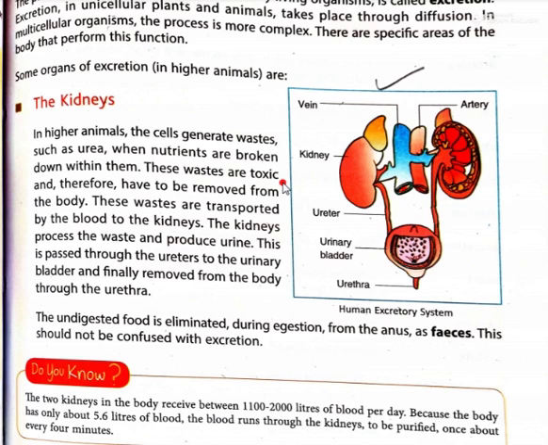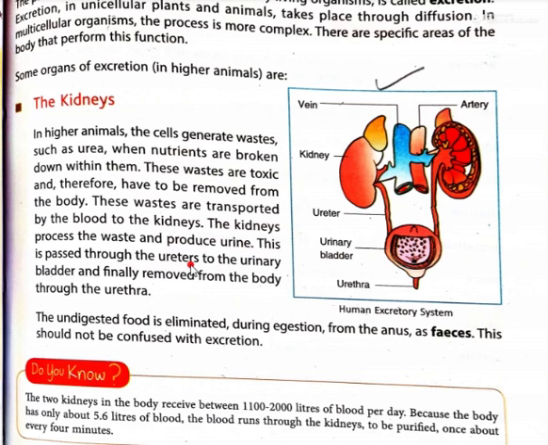When the blood containing waste material like urea enters the kidney, the kidneys process the waste and produce urine. Processing the waste means the waste is separated out from the blood, and that separated waste is actually urine.